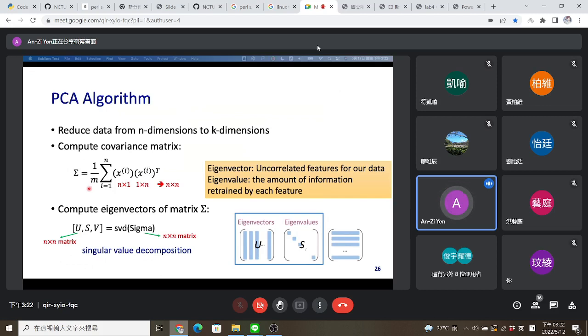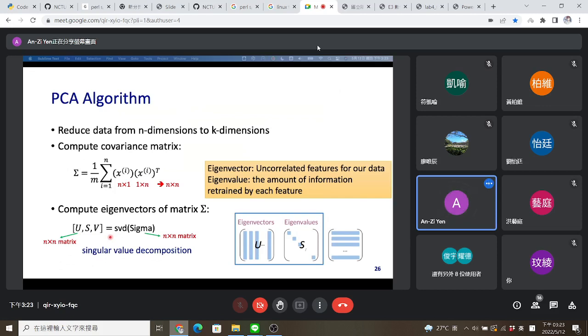Formally, we can use a command like [U, S, V] = svd(Sigma). Here svd is singular value decomposition. We can use it to compute the matrices U, S, and V of the covariance matrix sigma.